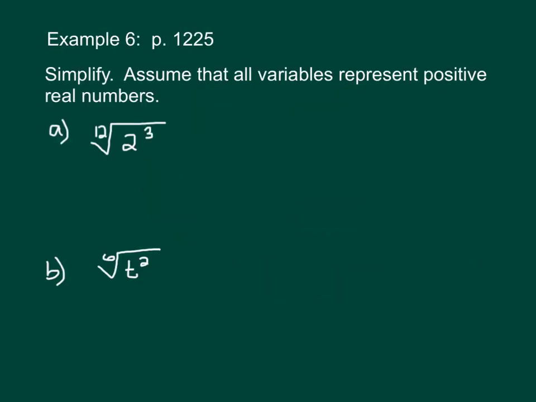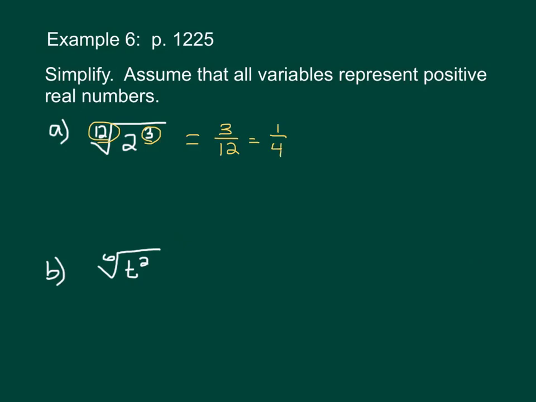Example 6. Simplify. Assume all variables represent positive real numbers. A is the 12th root of 2 to the 3rd. So I can take my exponent divided by my index, 3 over 12, is the same thing as 1/4.